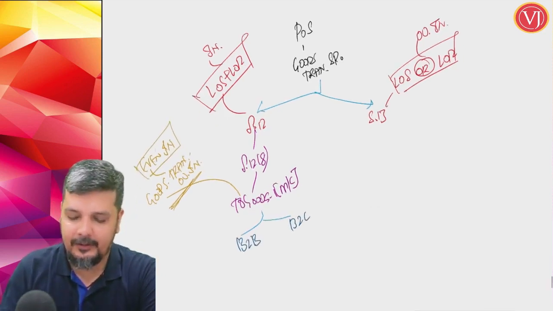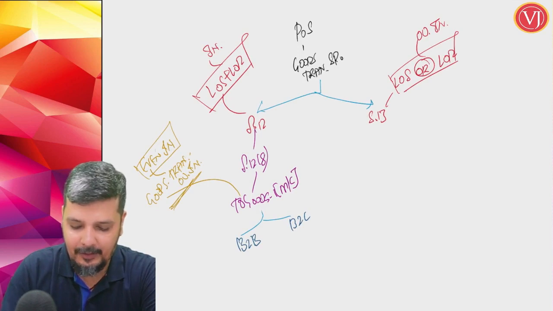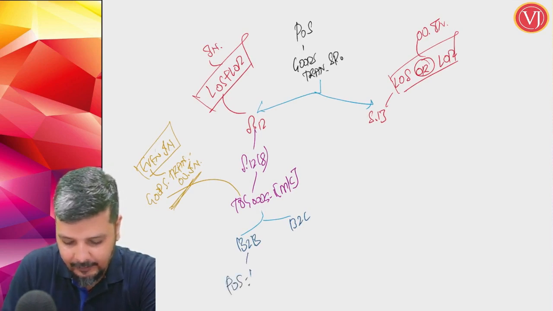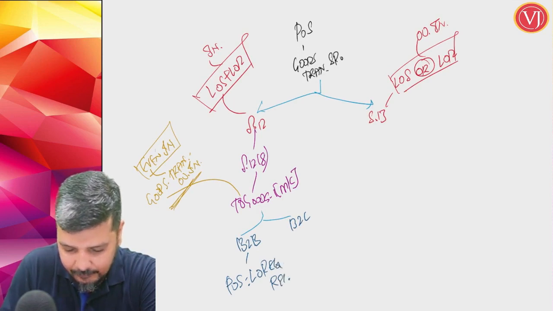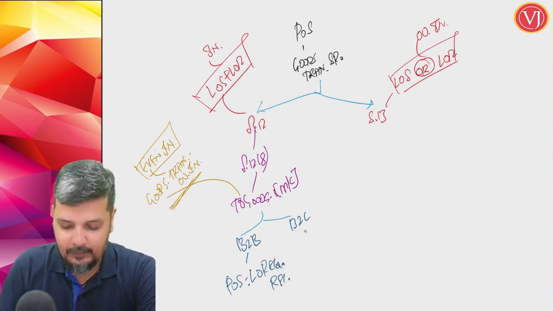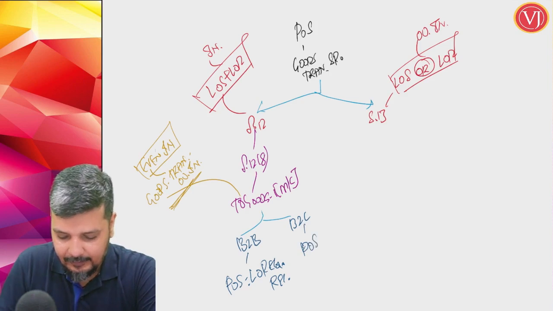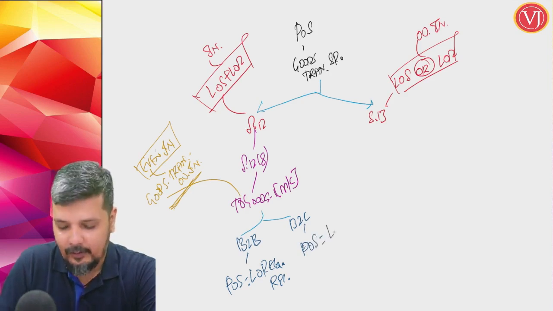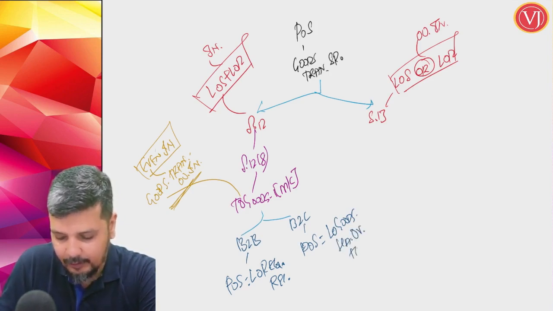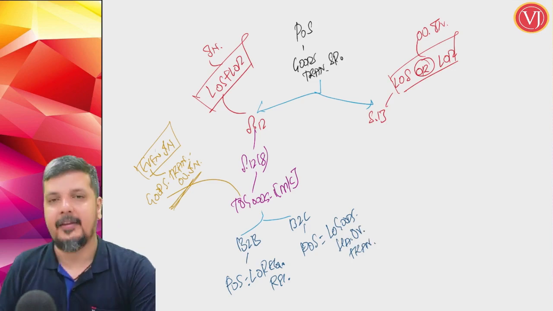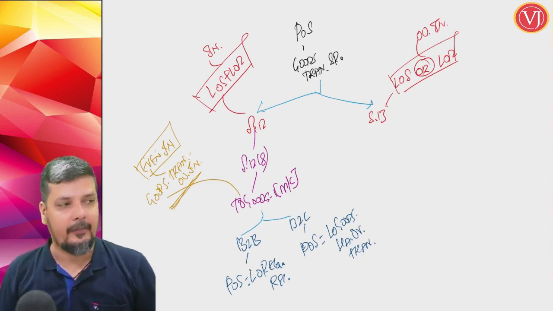For B2B, place of supply is the location of the registered recipient. And for B2C, place of supply is the location of goods where they are handed over for transportation.